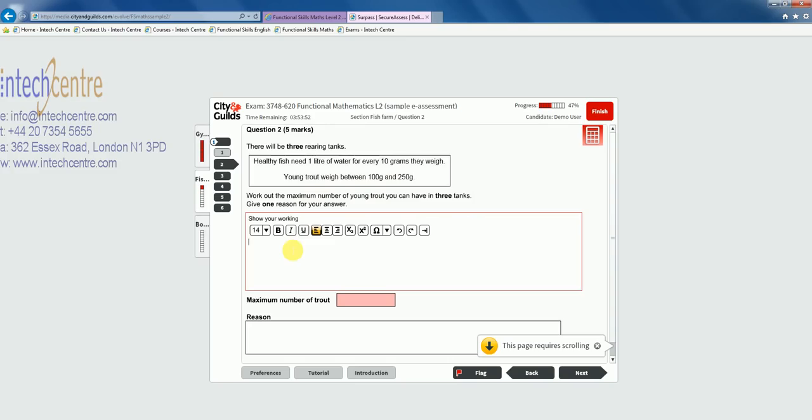There's many various ways of doing this, so for the purposes of today, we're going to assume that each fish weighs 100 grams, because that's the minimum that they can weigh. So it says, healthy fish need 1 litre of water for every 10 grams they weigh. So 100 grams we're going to assume is 1 fish.